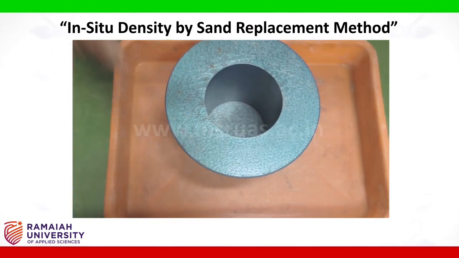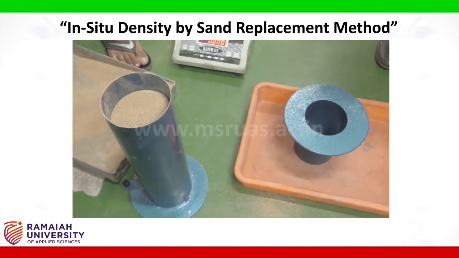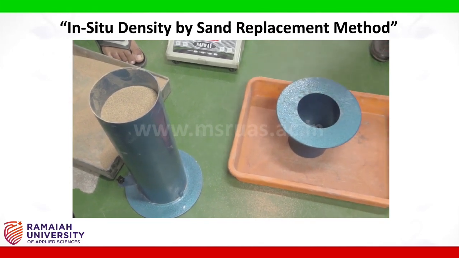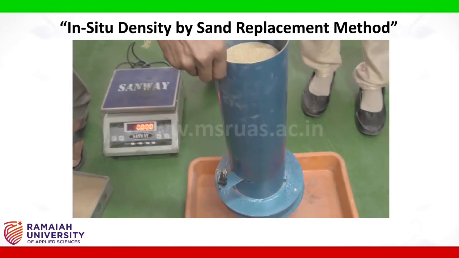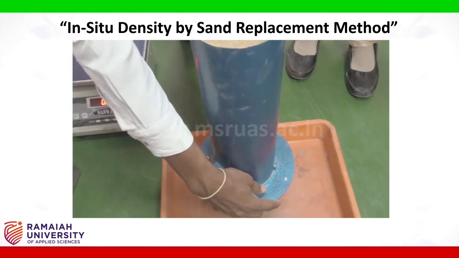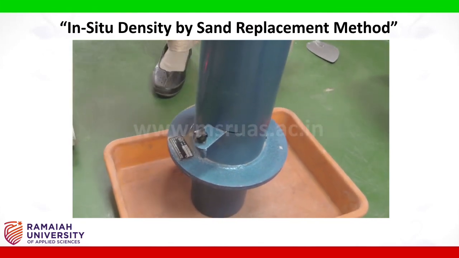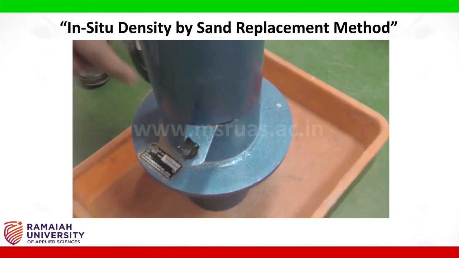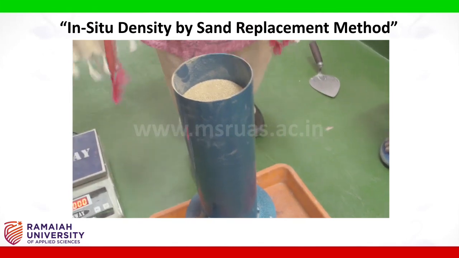Now place the sand pouring cylinder on top of the calibrating container such that this hole is completely covered by the hole in the sand pouring cylinder. After placing it firmly, open the valve so that sand falls into the calibrating container.